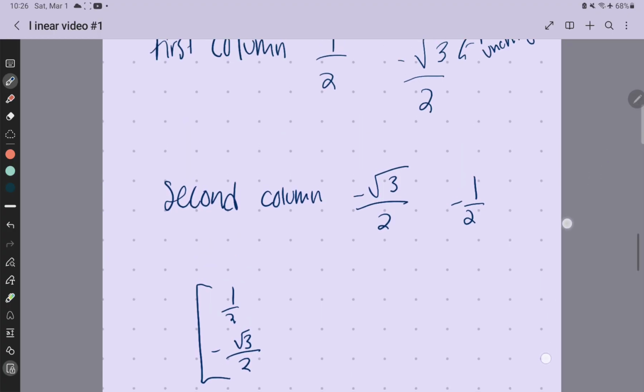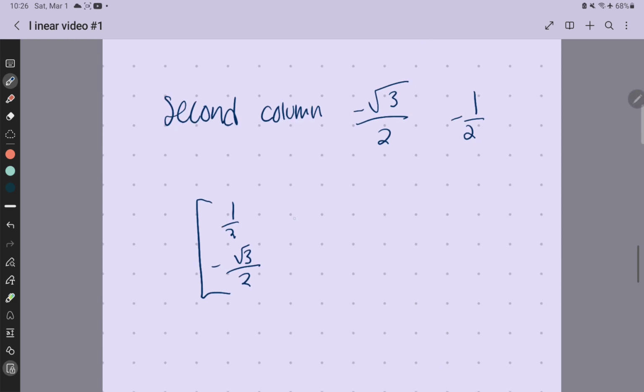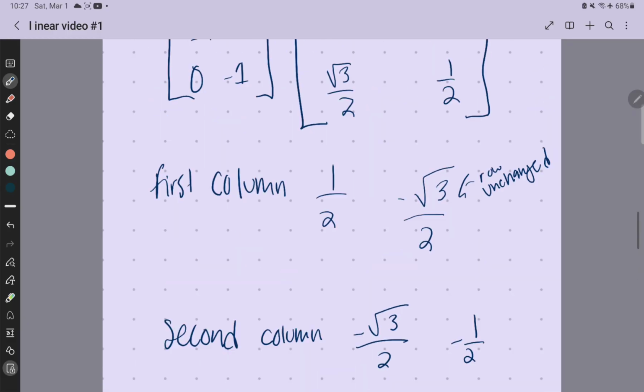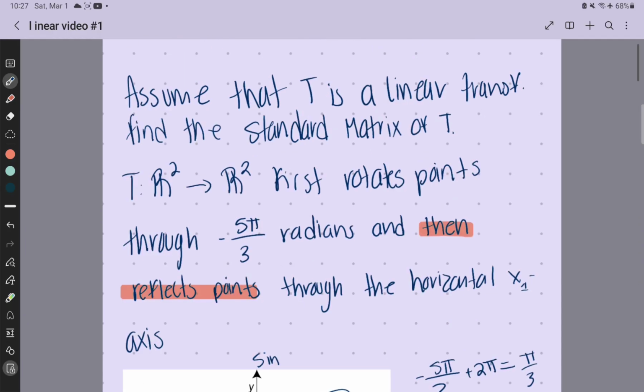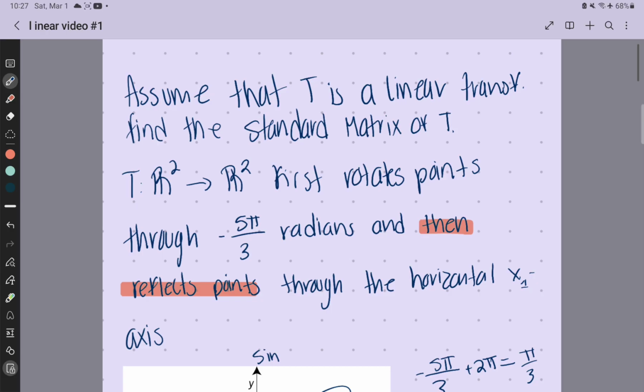After that, you will put in the second column, which is 3/2, -1/2, but this time it's going to be a -1/2, not a positive. And so this would have been your final answer, and this would have been my final answer, but I kind of got stuck up. So yeah, I hope this video was helpful. And if you have any questions, comment them down below.